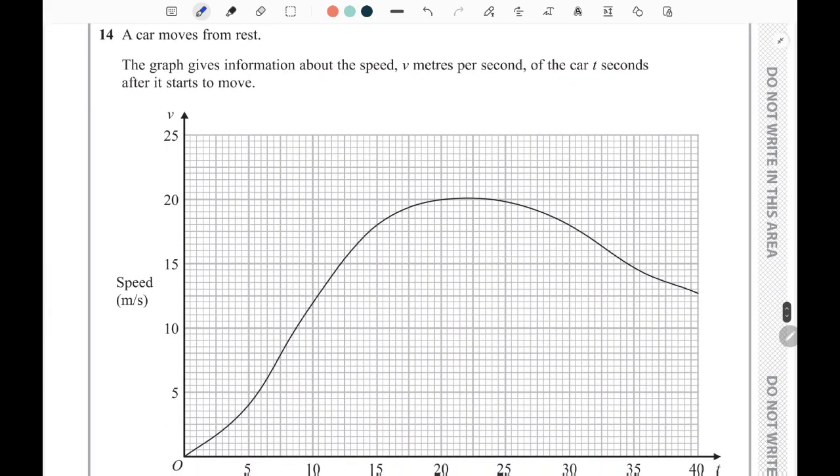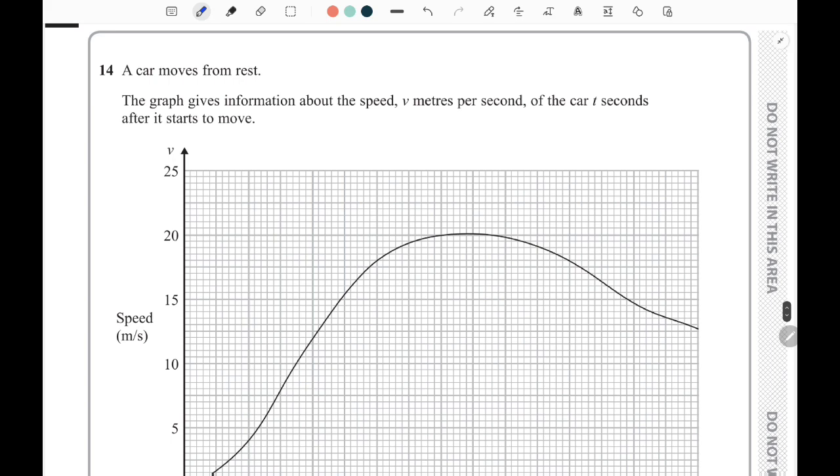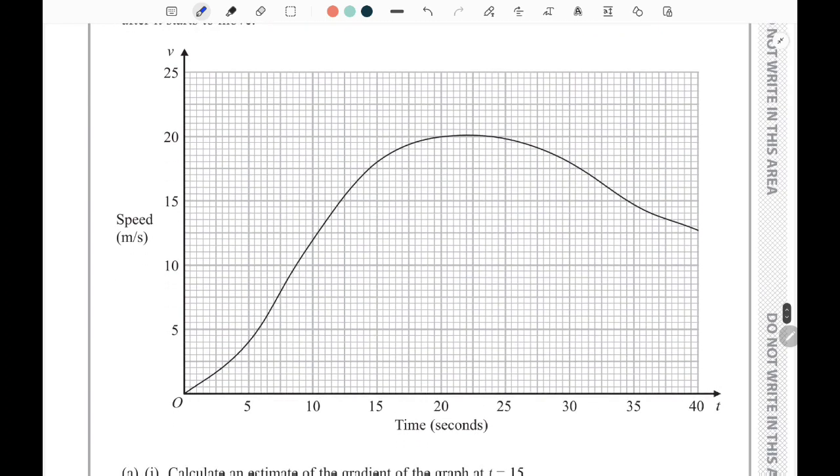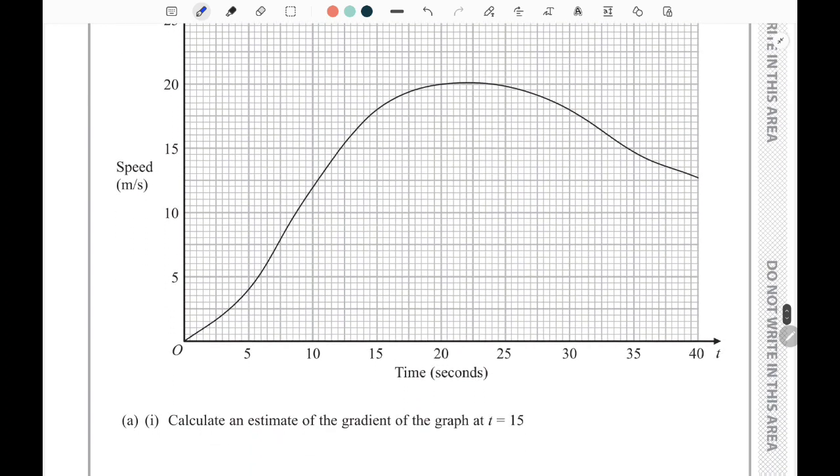Okay, so number 14. A car moves from rest. So we have a speed-time graph, and they've drawn the data onto it, so you don't have to plot anything or work anything out from there. It says, calculate an estimate of the gradient of the graph at t equals 15.